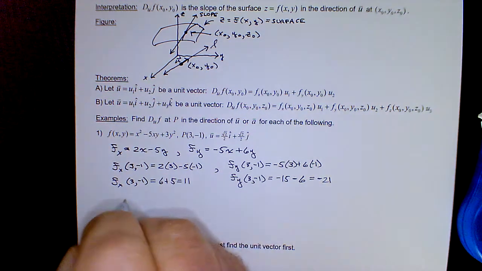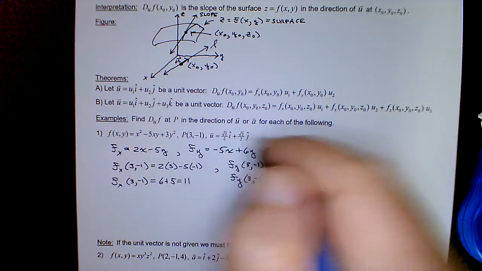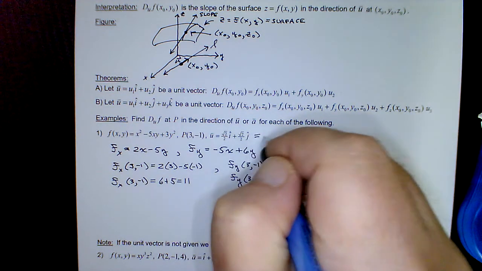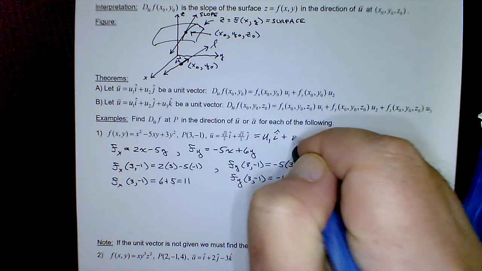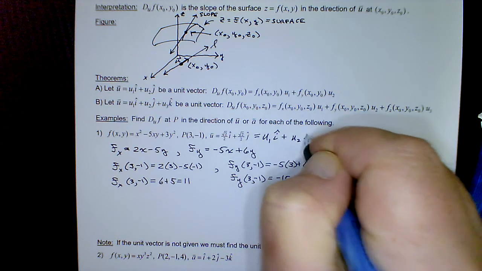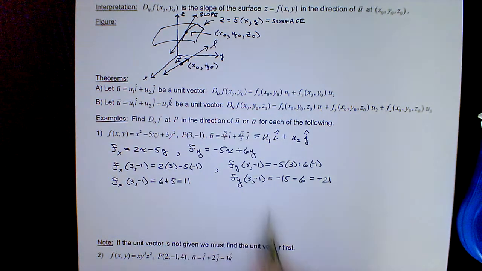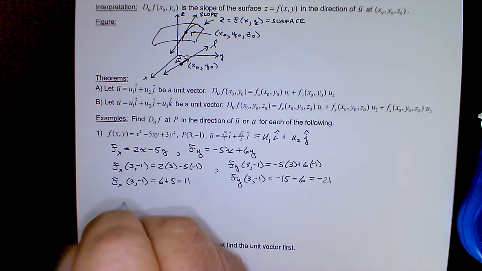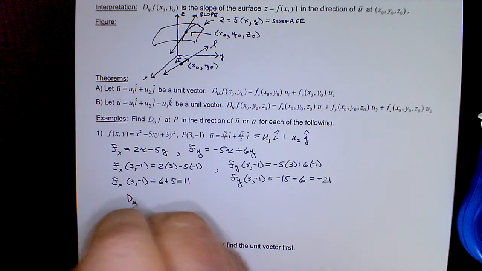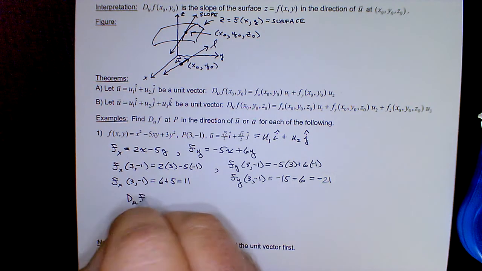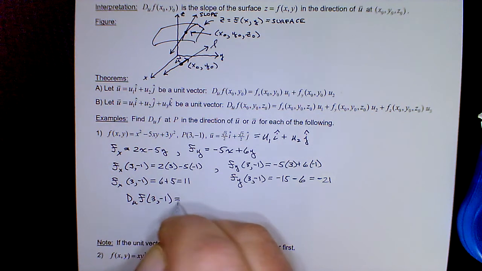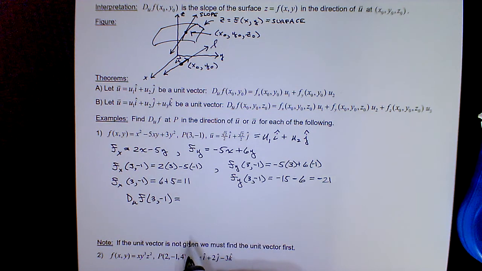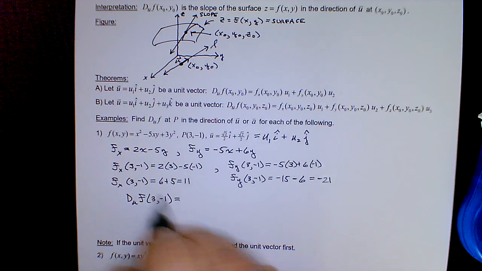Okay, so now we're ready to substitute. Notice that here we have u1i plus u2j. So into our formula, we could write the directional derivative at 3, negative 1 is going to be f sub x.